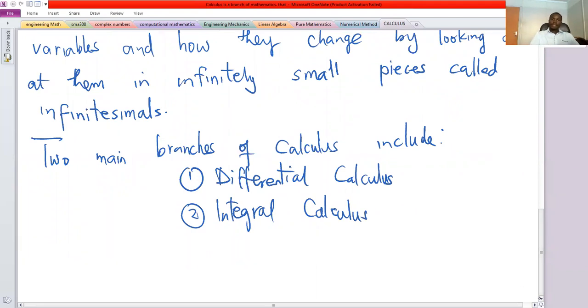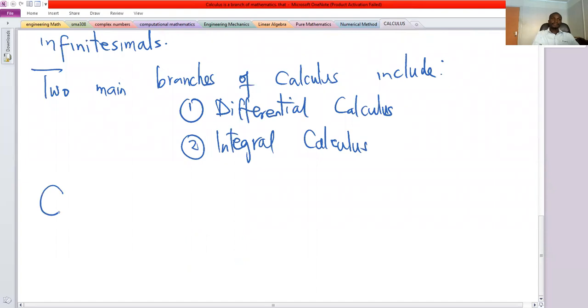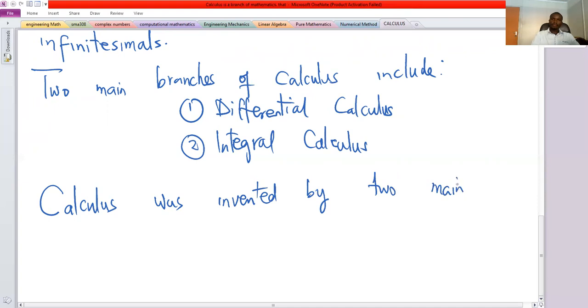Then the subject was invented by two main people in the 17th century.